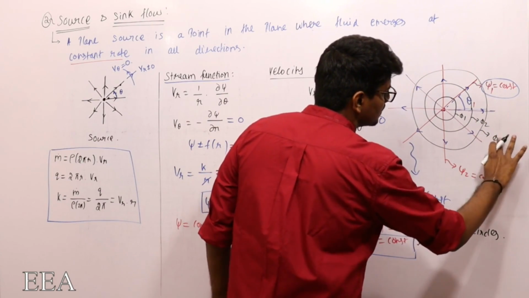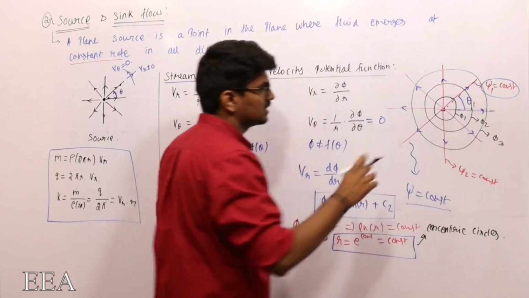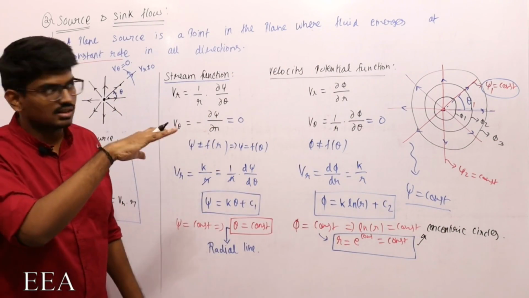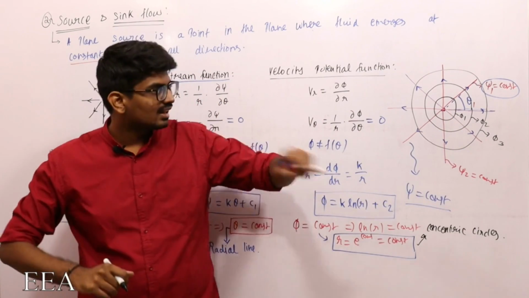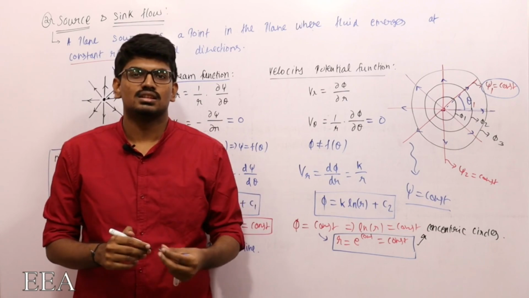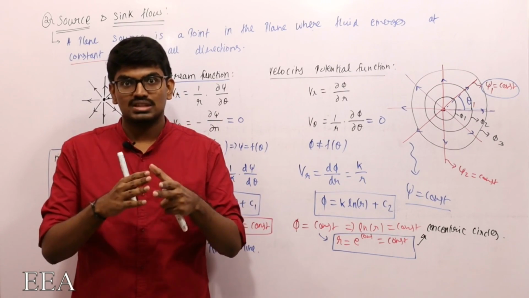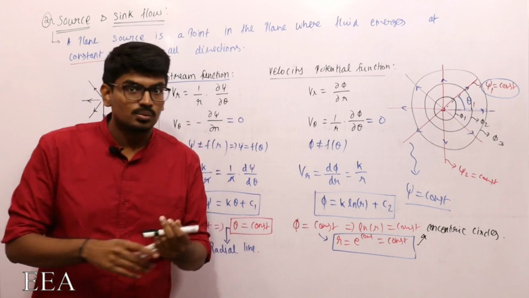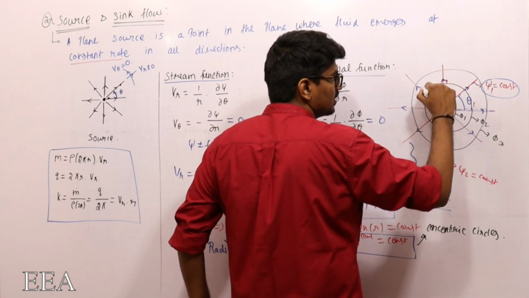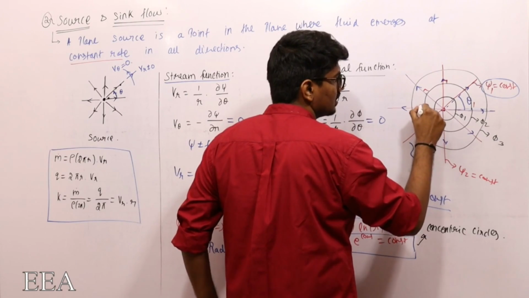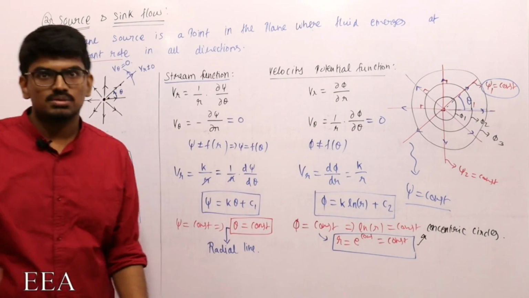You can draw it properly with your compass, but it has to be a circle. So this black color indicates the equipotential line, and the red color indicates the constant stream function line, and you can see very clearly that when they meet, both of them are perpendicular to each other. They have to be perpendicular.